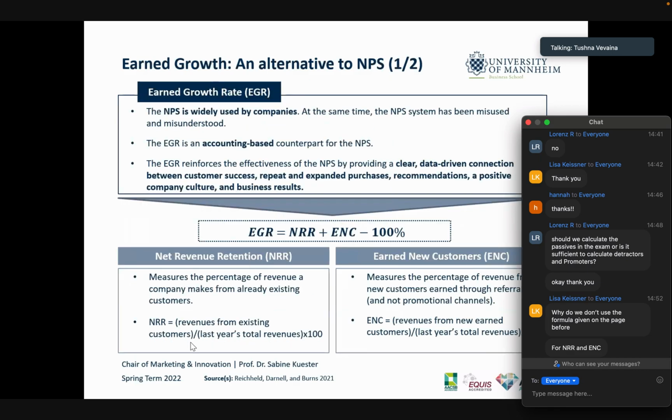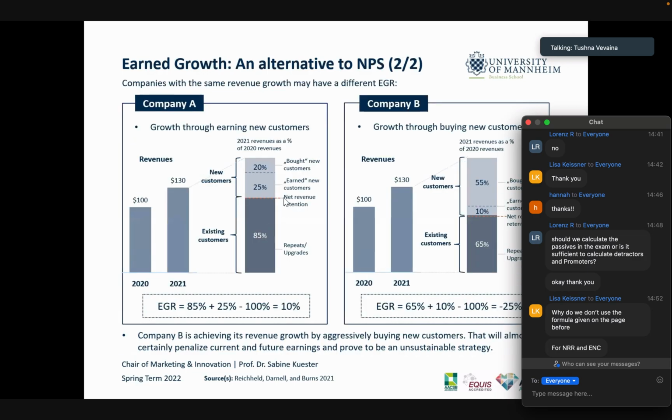You basically don't use this formula because you're already given a percent, but you're using the formula EGR equals NRR plus ENC. And ENC is your earned new customers, which is this segment. Again, you're not finding out the percentage because you're given it directly, but you're using the EGR formula, which is NRR plus earned new customers minus 100%. I hope that's clear.